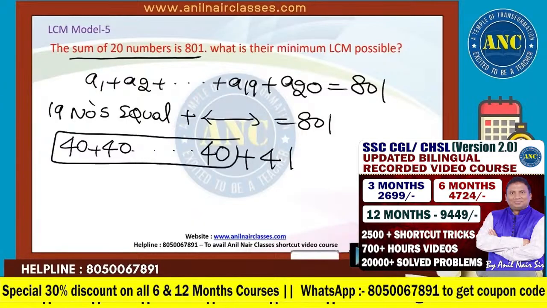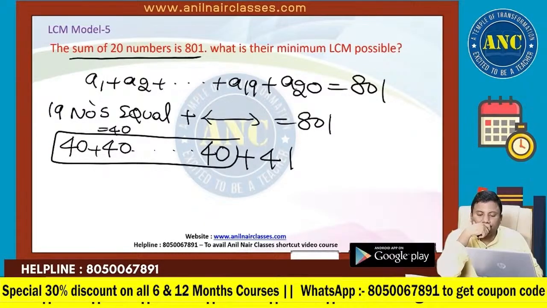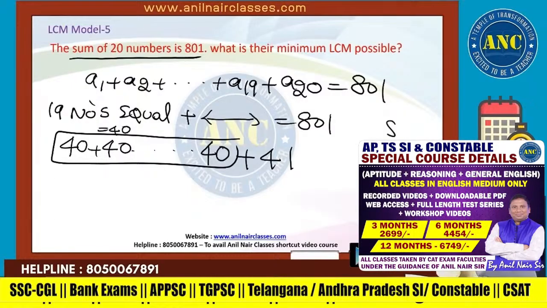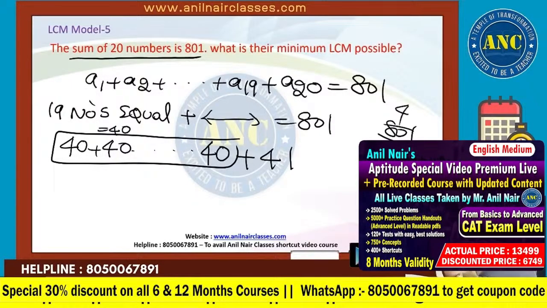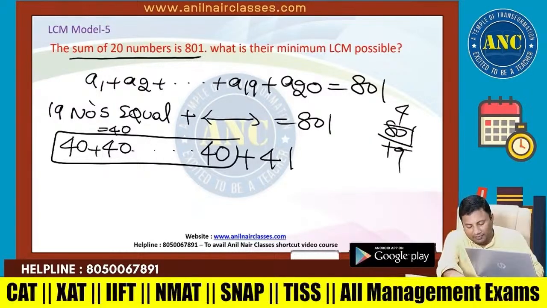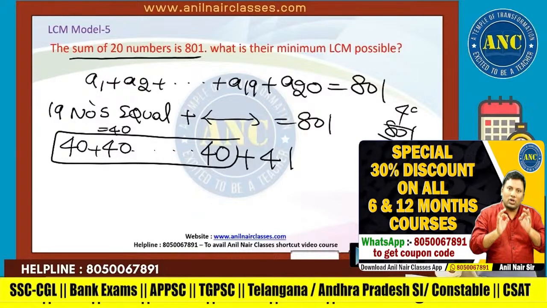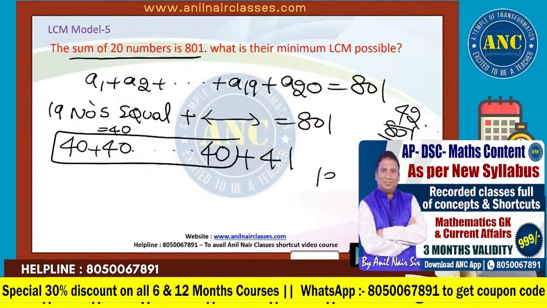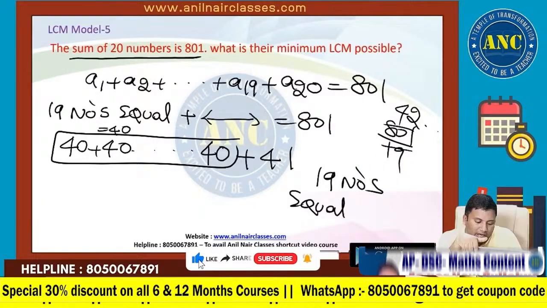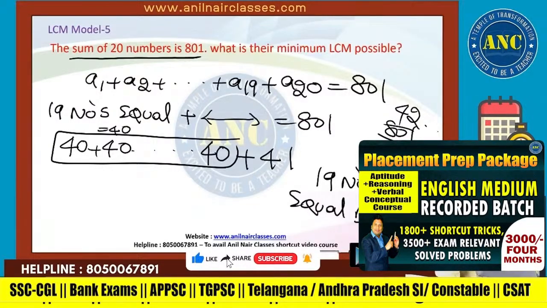Which number should I make equal? 801 divided by 19. 19 twos are 38, so the 19 equal numbers should be around 42. I took 40.